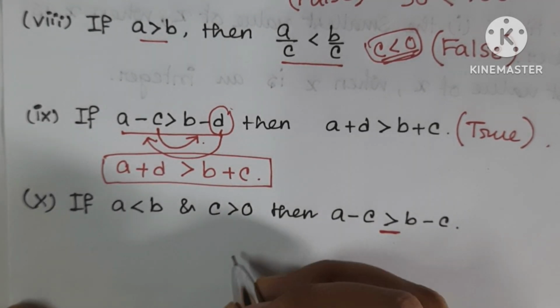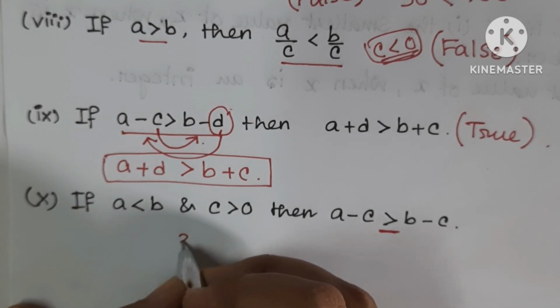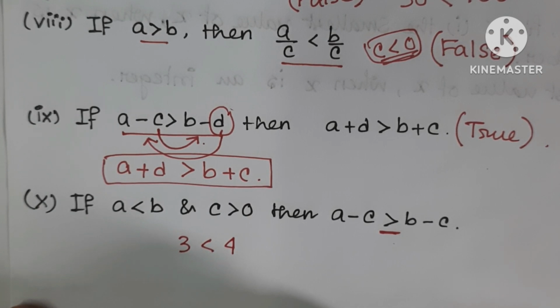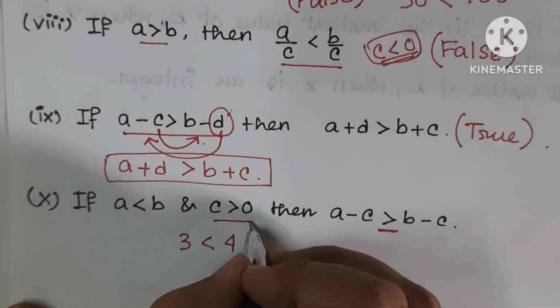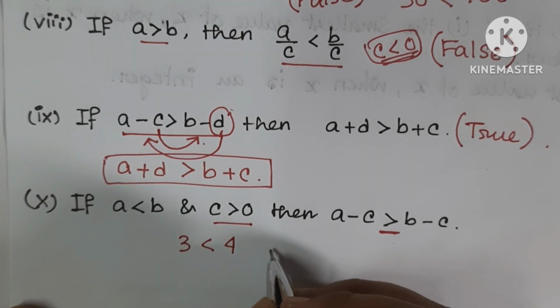That is also not possible. Suppose 3 is less than 4, and C is a positive number, suppose C is 1.